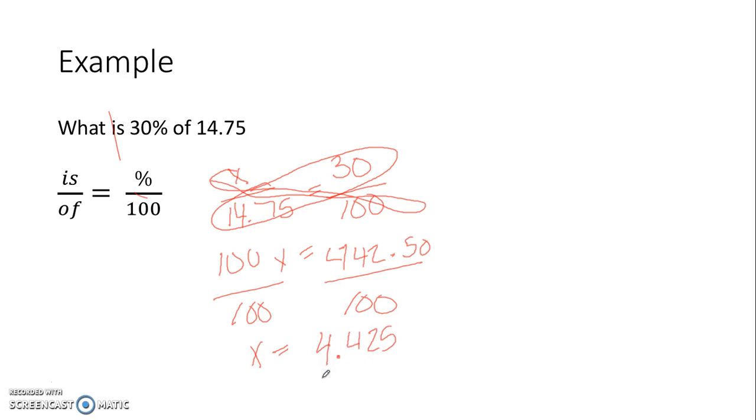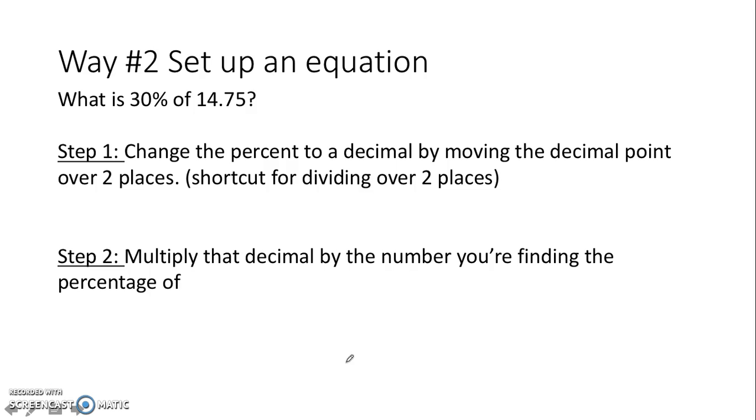So 30% of 1475 is 442.5. Another way to think of it is, if we chunked it up into percentages, 30% of a whole, the part of the whole, is equal to 442.5. Let's look at the same problem, but do it a different way.